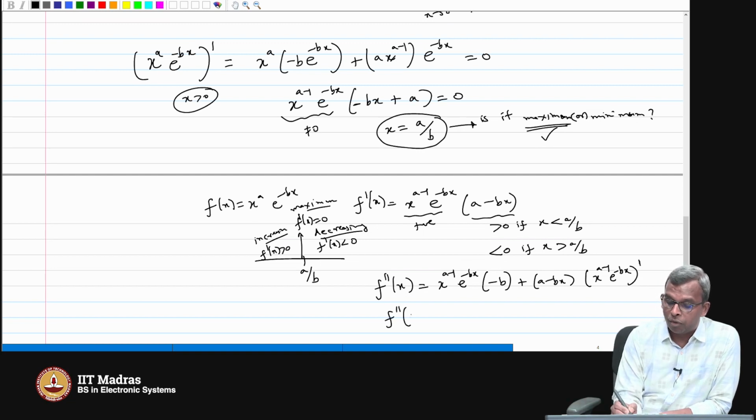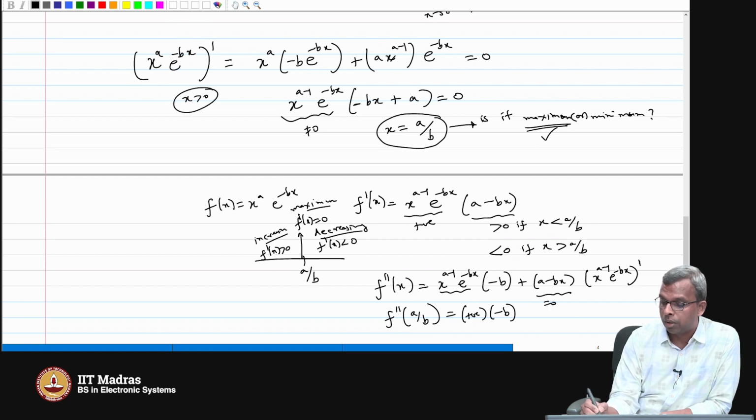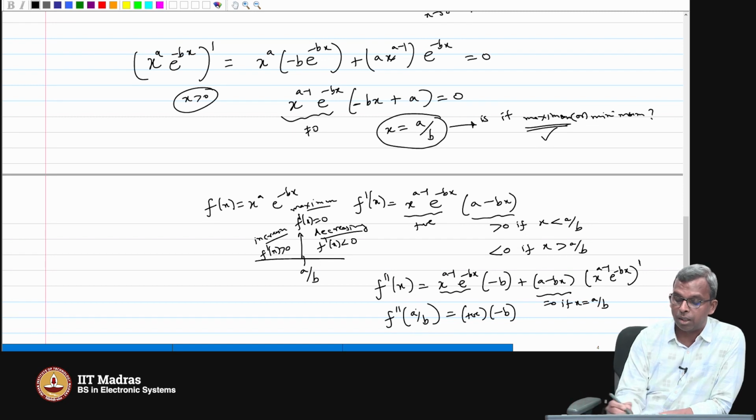If you evaluate at a by b, this quantity will be some positive quantity, times minus b, plus 0, because a minus bx goes to 0 if x equals a by b. So, this does not really matter. So, the double derivative is negative.